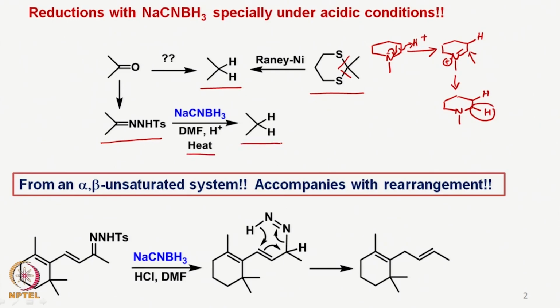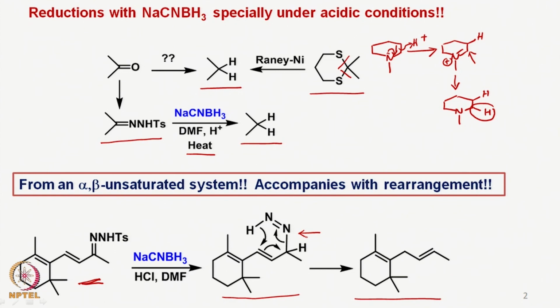And we looked at the reactions of alpha, beta-unsaturated tosyl hydrazones such as this, which undergo rearrangement and form this particular molecule, where, as I have shown here by the mechanism, the reduction allows the shifting of the double bond due to this six-membered hydrogen transfer.